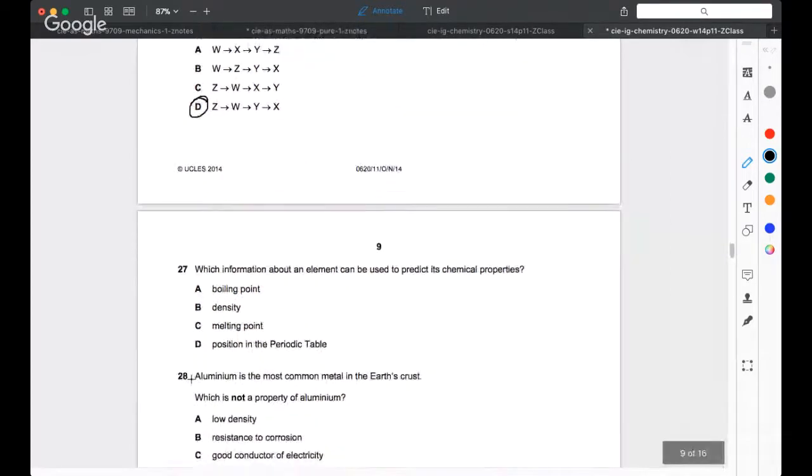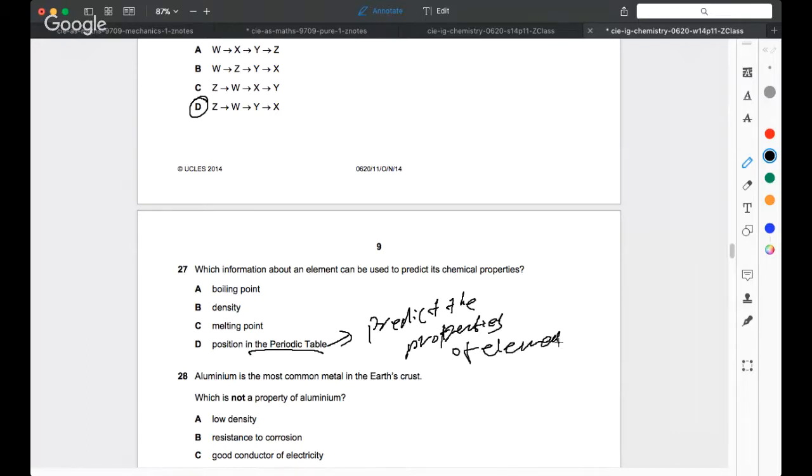Okay, next question. So yeah, periodic table is used to predict the properties of elements. So obviously 27, the right answer is D. So periodic table is used to predict the chemical properties.